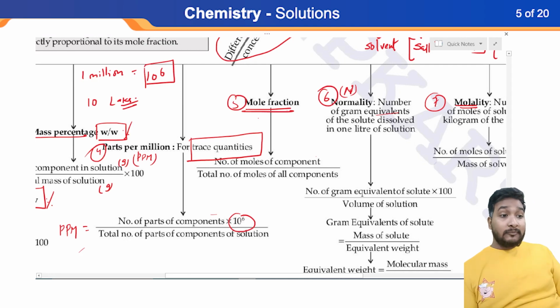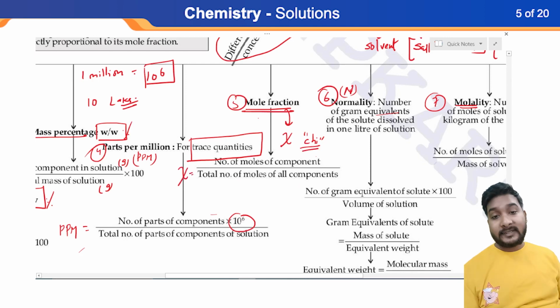The symbol of mole fraction is chi. This is not x, this is chi. So chi is equal to number of moles of component upon total number of moles of all the components.